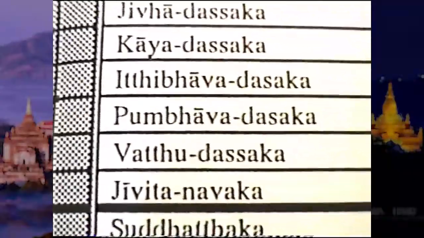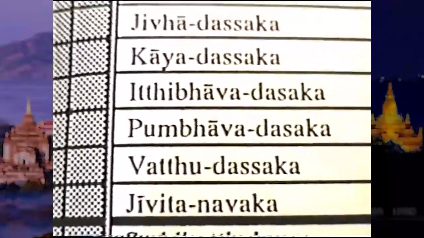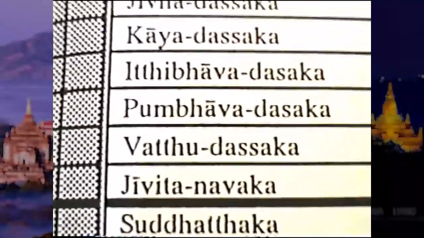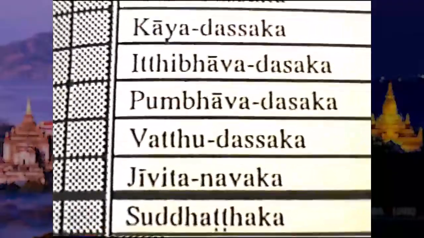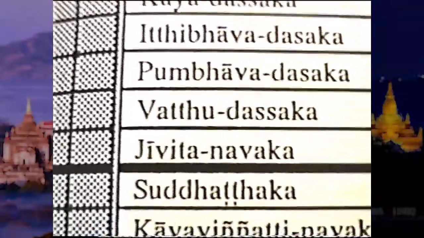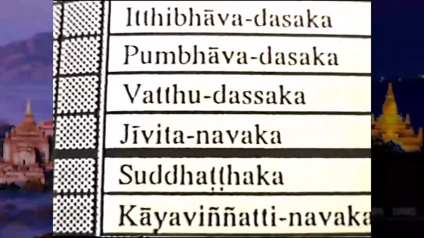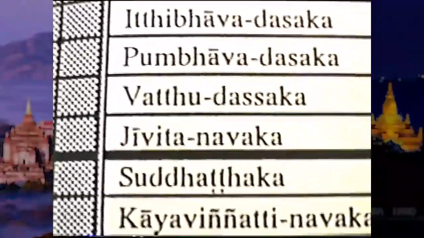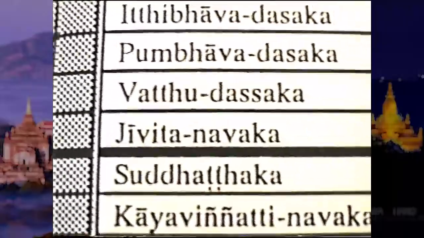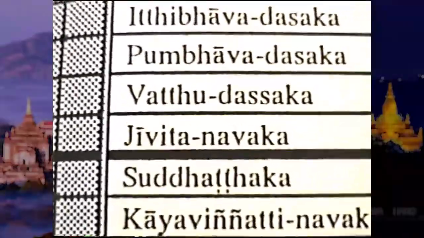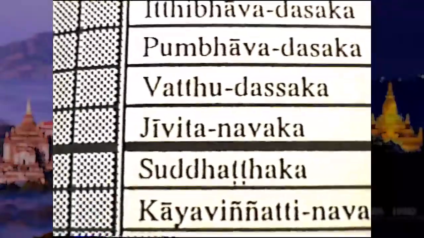Then 8 plus Jivita plus heart base. These 10 are called Vatthu Dasaka, base decade. But the last one is only 9: 8 plus Jivita.